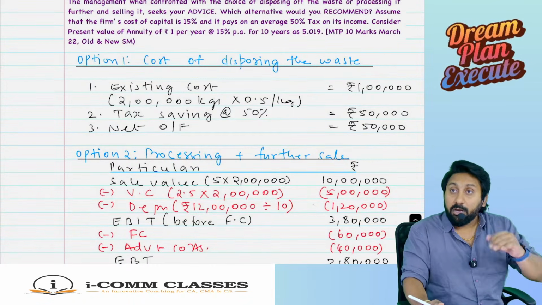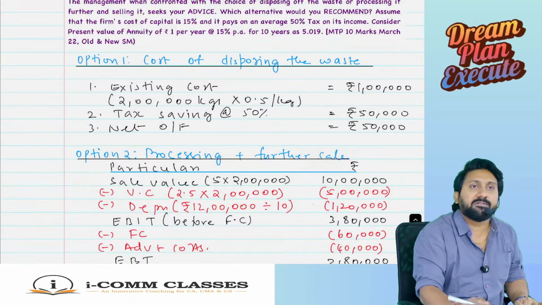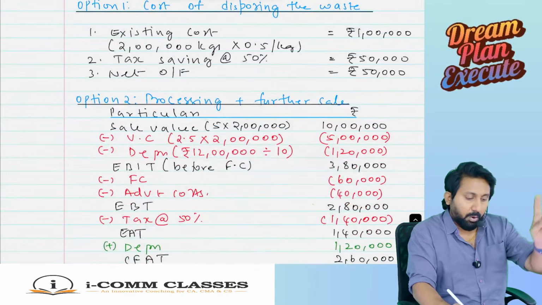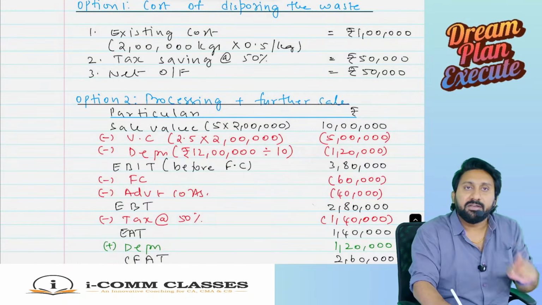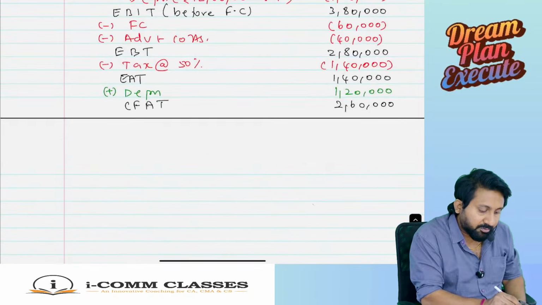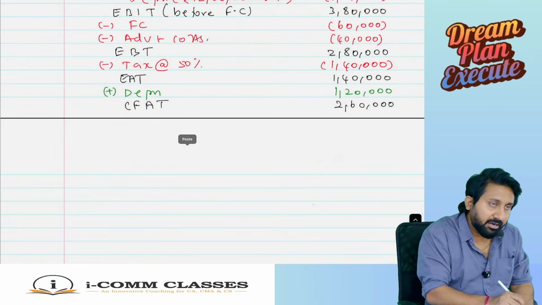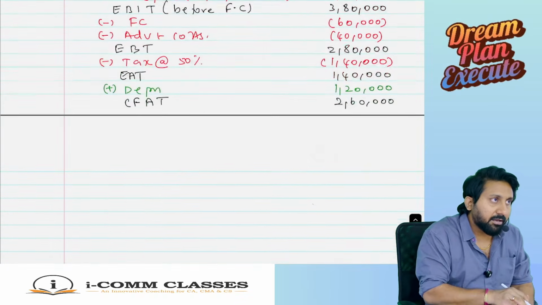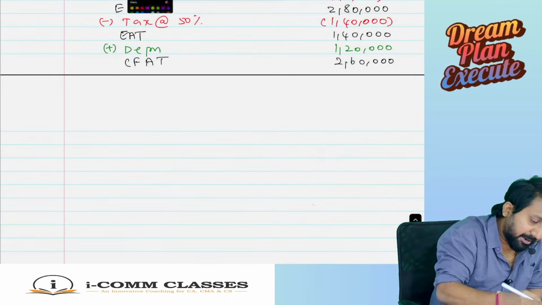Now, because of going for sale, completely this cost itself we will be able to save. Yes or no? 1 lakh is a cost, but after tax saving, how much is the net cost? 50,000. Cash flow is after tax or before tax? After tax. The important adjustment.